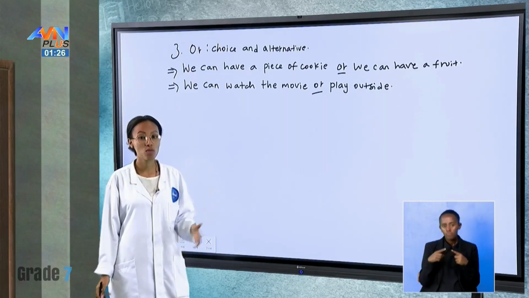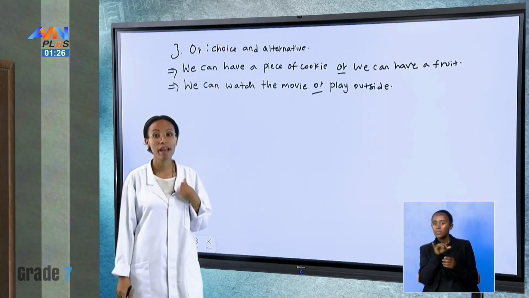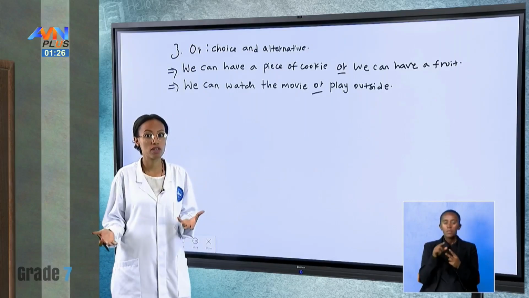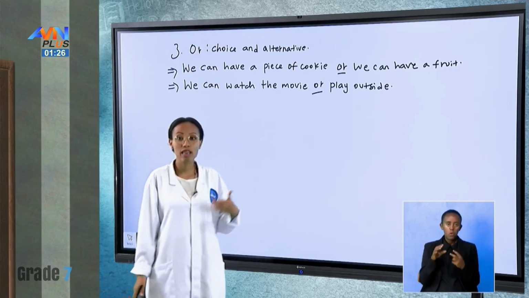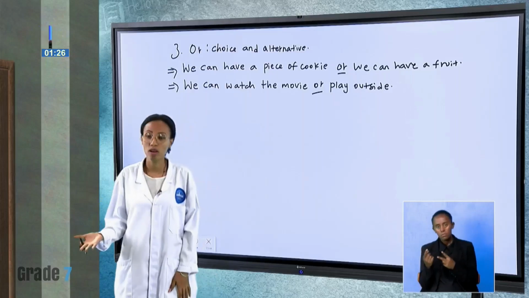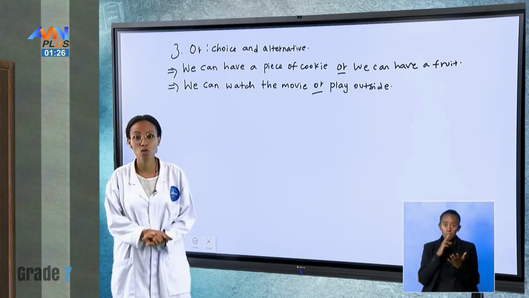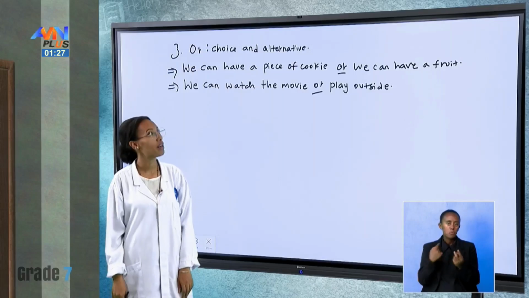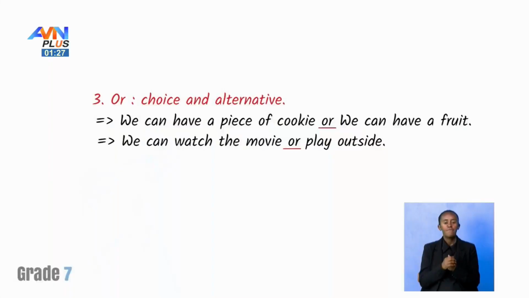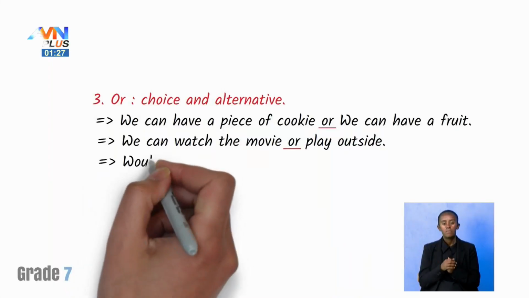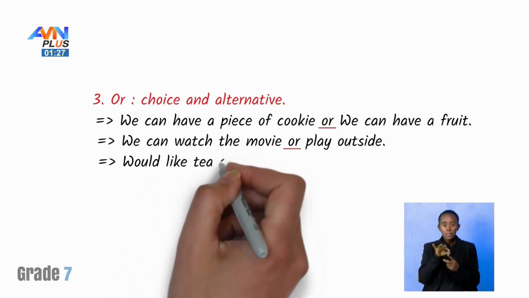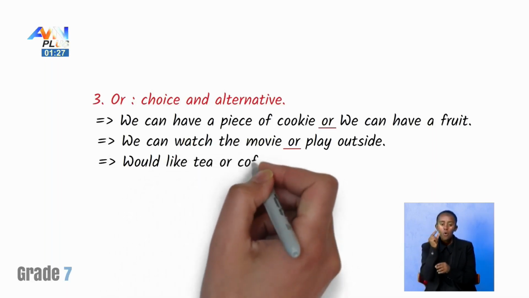In the case of or, we have two ideas that are what? Options. You could take this one or that one. So these are choices or options or alternatives that we can have. One other example. Would you like tea or coffee?